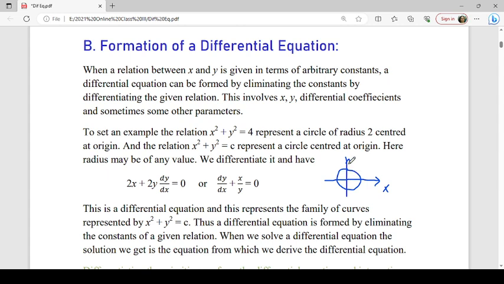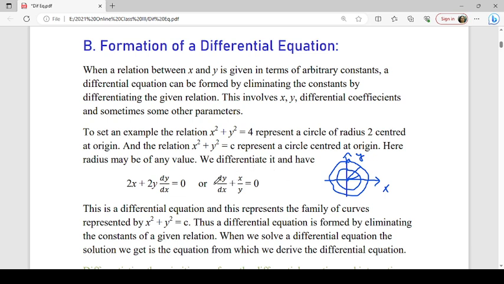If c is 4, c may be 3, c may be 9. C may be 9 means the radius is 3. So these are the general equation x square plus y square equal to c. This represents a circle centered at the origin, and the radius may be any value.